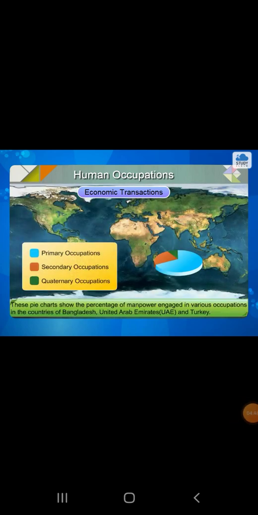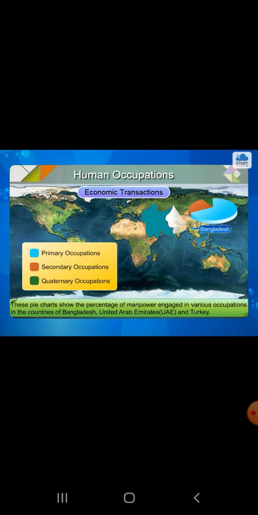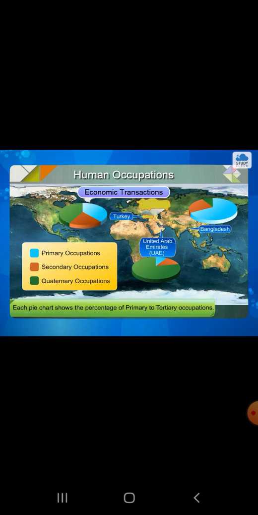These pie charts show the percentage of manpower engaged in various occupations in the countries of Bangladesh, United Arab Emirates, UAE, and Turkey. Each pie chart shows the percentage of primary to tertiary occupations.